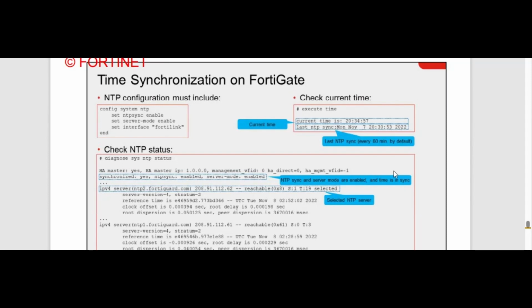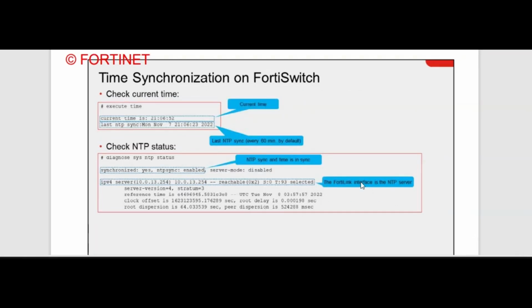The output should also indicate the NTP server selected by FortiGate to synchronize its time. Execute the time command to display the current system time, as well as the last time synchronized using NTP. Note that by default, NTP time synchronization happens every 60 minutes.